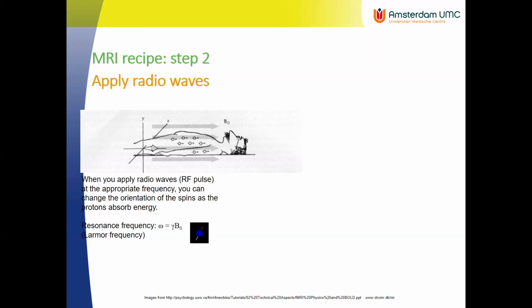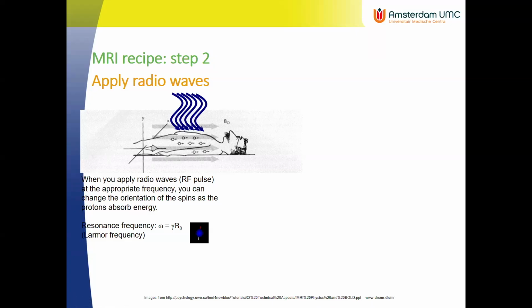Here I have a sketch of the MRI scanner. The main magnetic field of the scanner itself, the 1.5 Tesla strong magnetic field, is horizontal. It's the big arrows, denoted with B0 there. And here I have a couple of spins that are aligned with the field. Now, if I apply radio waves, there we go.